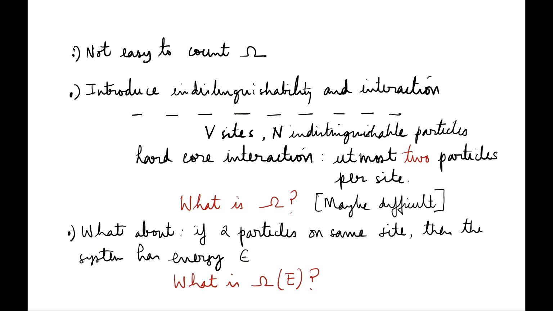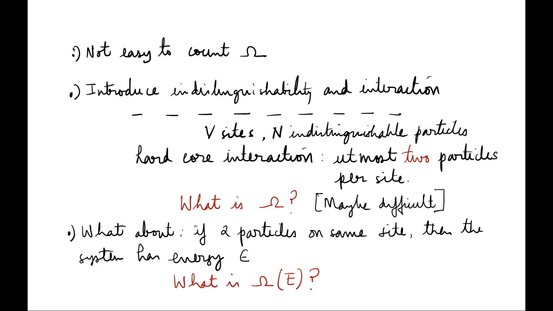What about if I have at most 2 particles per site, but whenever 2 particles come on the same site, the energy of the system is epsilon. So if I have a configuration where there is at most 1 particle per site, that energy is 0.